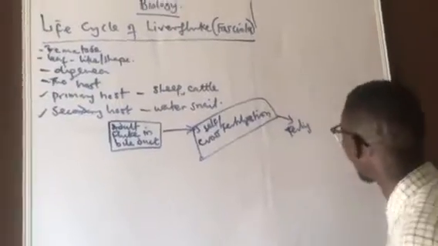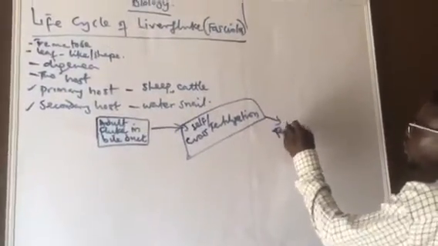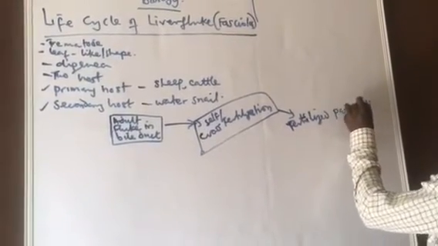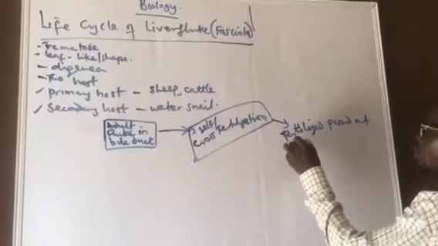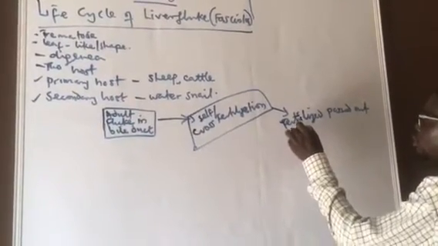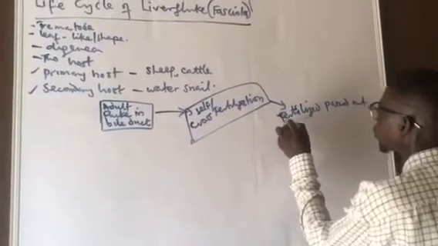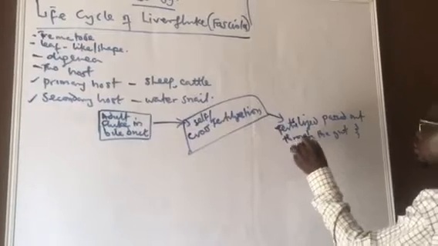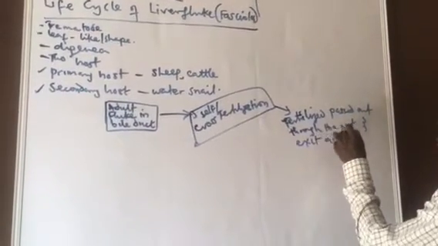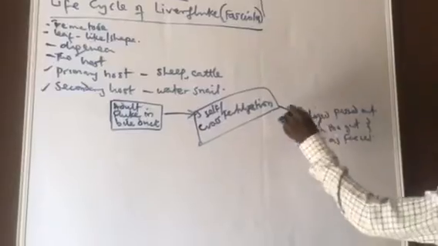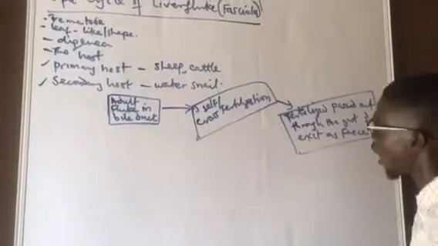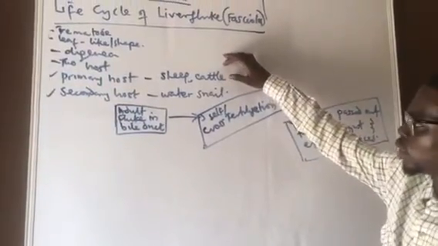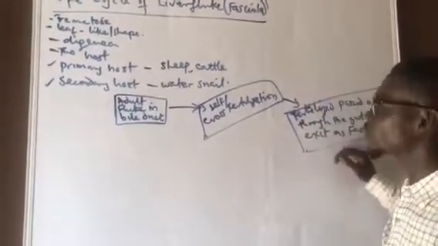So the eggs that are already fertilized pass out of the body through the gut and exit as feces. So this egg will move out of the host, that is the sheep or the cattle, with their feces.